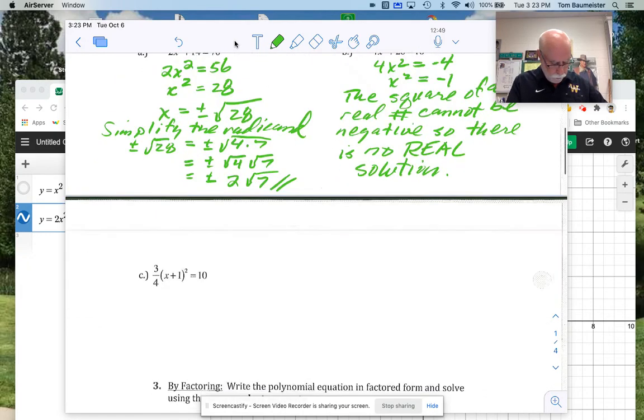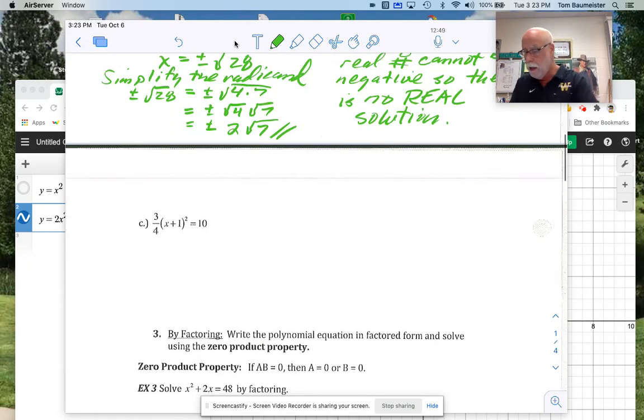Okay, so let's do one more here. So I have C: 3/4 times (x plus 1) quantity squared equals 10. So on this one here, we're first going to multiply each side by the reciprocal.